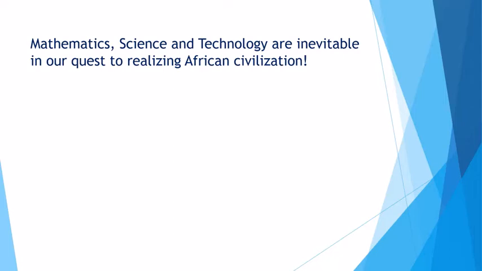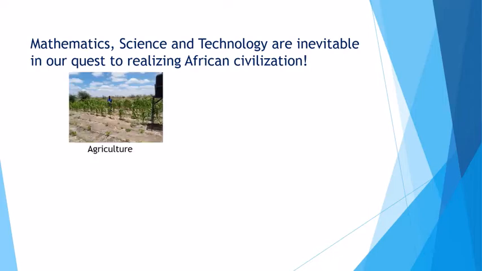And therefore, why are mathematics, science, and technology very important in African civilization? We need to revolutionize agriculture in our African perspective. Realize that in this 21st century we are still dealing with hunger.